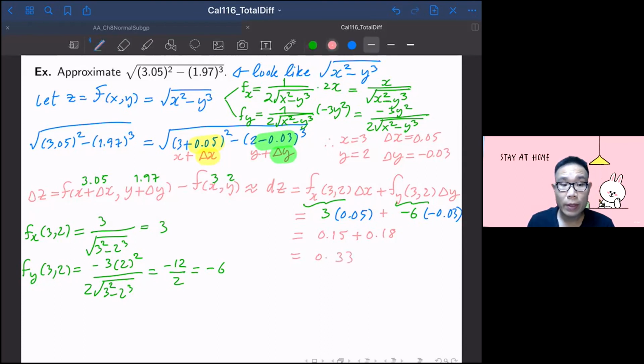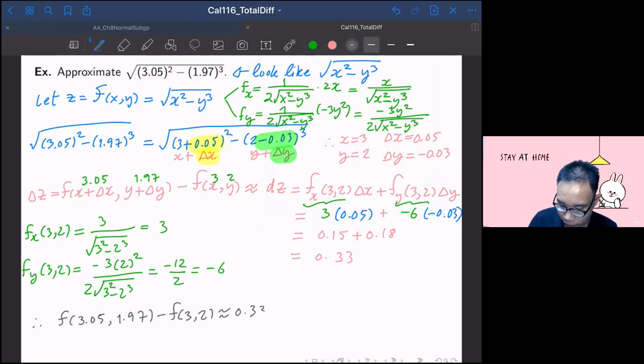Okay, and then finally let's use another color. So we know that f(3.05, 1.97) minus f(3, 2) is about 0.33, that we have done so far. Let me use the pink color.